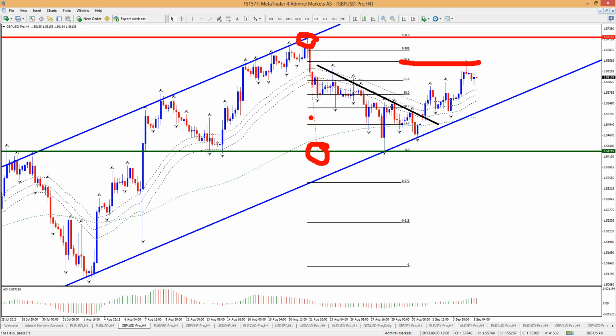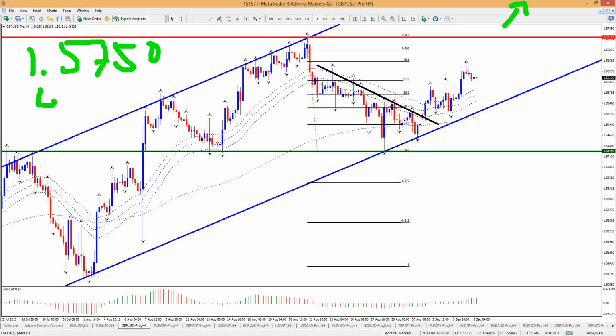So that's the pound right now. I'm really only interested in longs above 157.50, above 157.50 to 160. Or shorts below this support level, below 154.20.